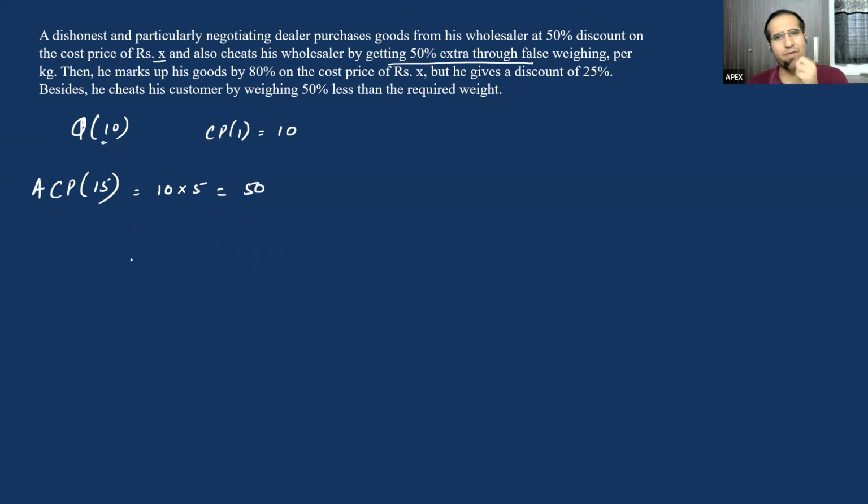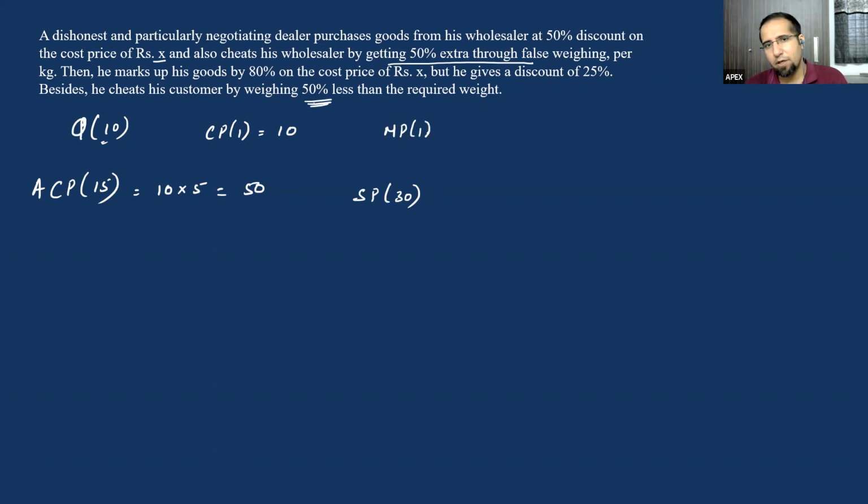Now he has bought 15 kgs here. If I want to sell 15 kgs by weighing 50% less, that means if the customer ordered 30 kgs, I will give him 50% less, which means I will give him 15 kgs. Okay. And what did he do? He marked up by 80%.